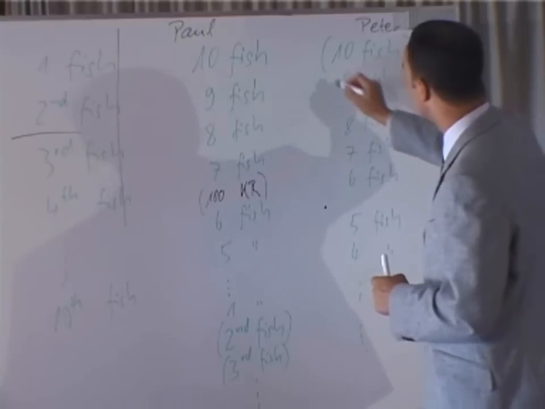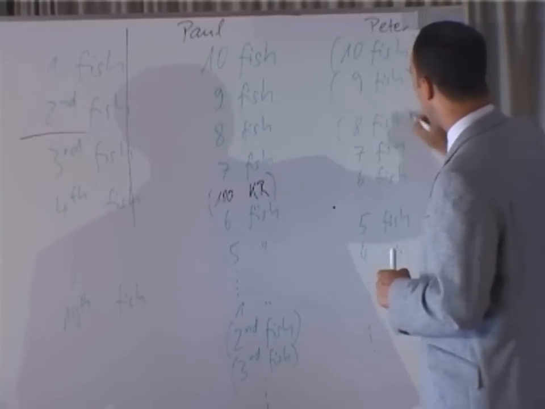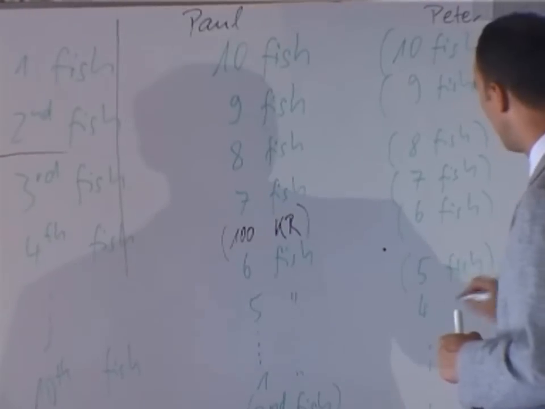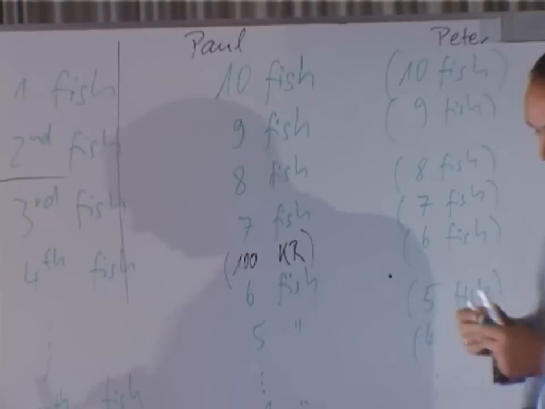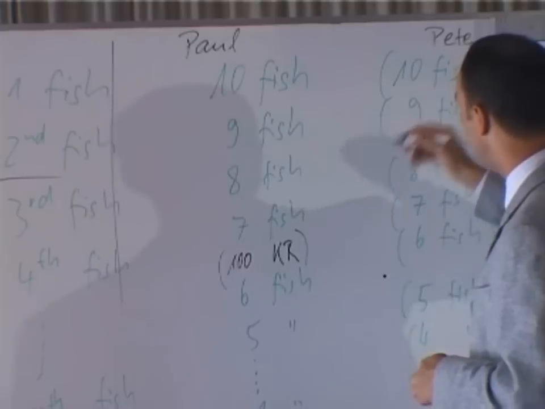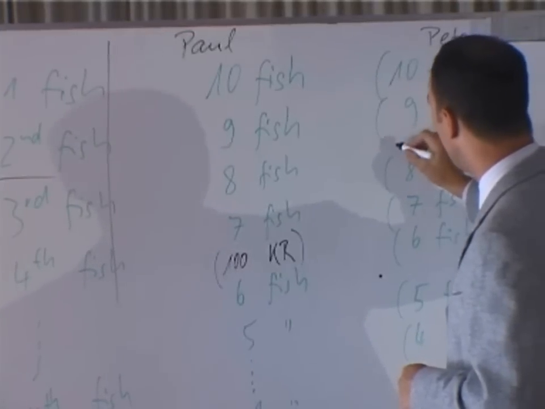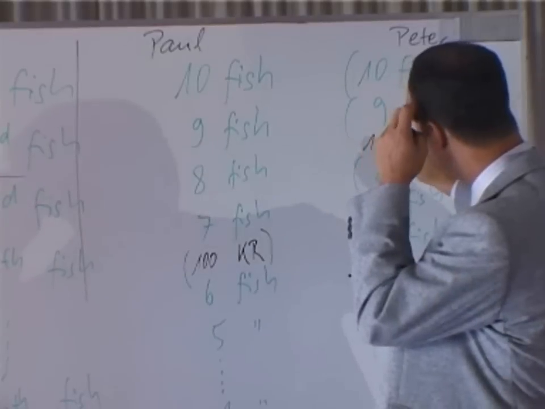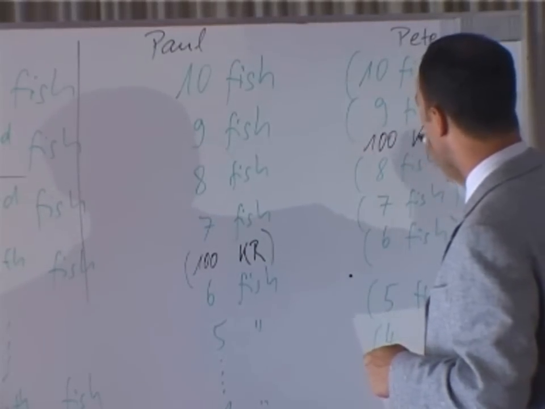And he does not own fish, but he wants to buy fish. But he does have coronas, so he has a banknote, 100 coronas, and let's say the 100 coronas were ranking here in his value scale.